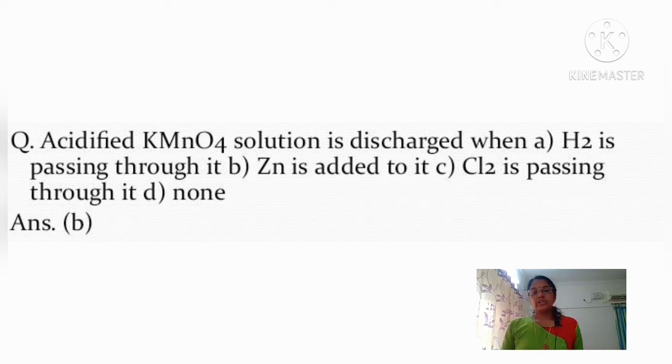We have already discussed in the session on nascent hydrogen that when potassium permanganate is added to a test tube containing zinc and dilute sulfuric acid, immediately the pink color of potassium permanganate is decolorized due to the reduction of potassium permanganate by nascent hydrogen. So when zinc is added to the acidified potassium permanganate, the pink color easily gets discharged. So the option is B.